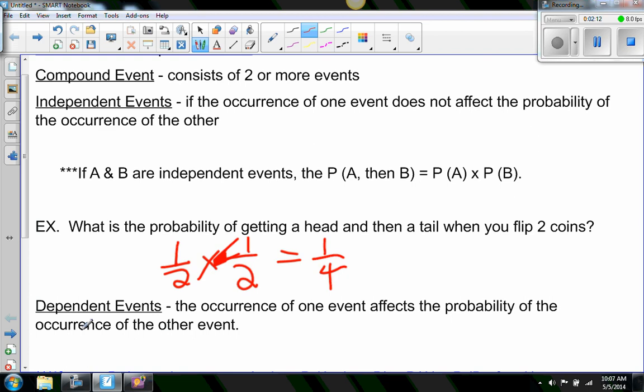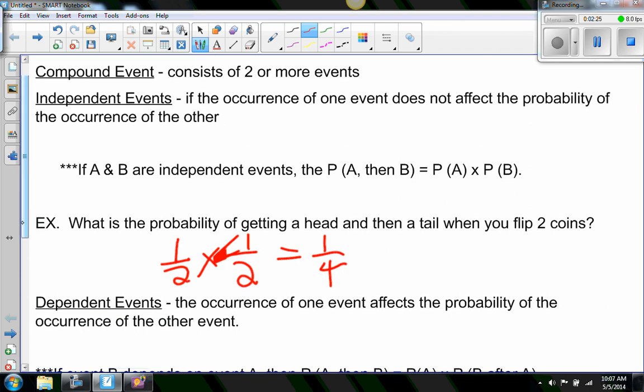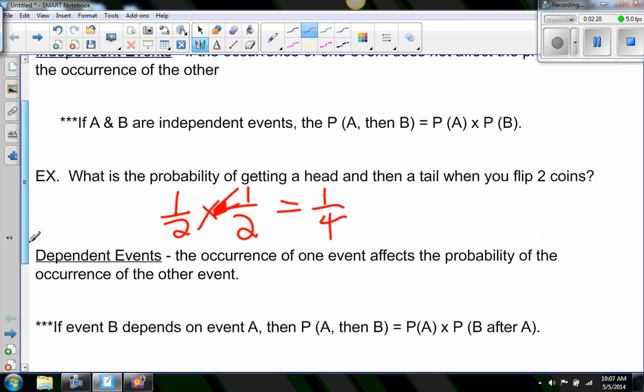If I would have kept out one cube each time that I pulled out, then the probability of getting cubes the second time is going to be affected because there's less cubes in the bag, right? So that would be dependent. If event B depends on event A, then the probability of A happening and then B happening is the probability of the first event times the probability of the second event after A happens.